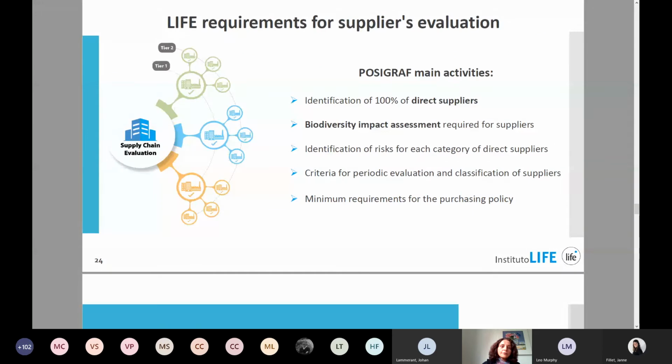The supply chain, it was critical. They identify 100% of direct suppliers, and they run biodiversity impact assessment. They require their suppliers to run as well on their direct suppliers, Tier 1 and Tier 2. And they follow minimal requirements for the purchasing policy as well. Next, please.